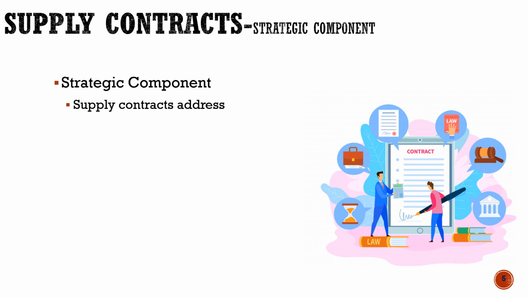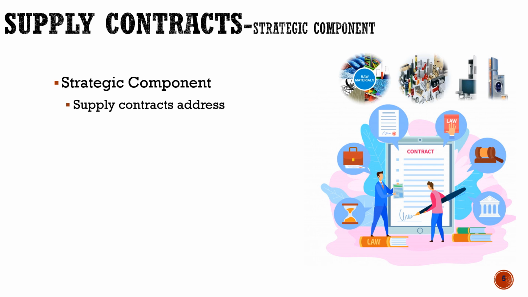The contract addresses issues that arise between a buyer and a supplier, whether the buyer is a manufacturer buying raw materials from suppliers, an OEM purchasing components, or a retailer buying a finished good.